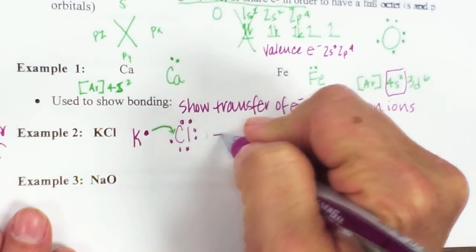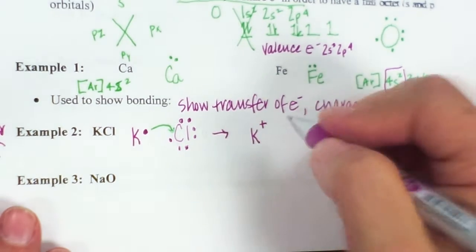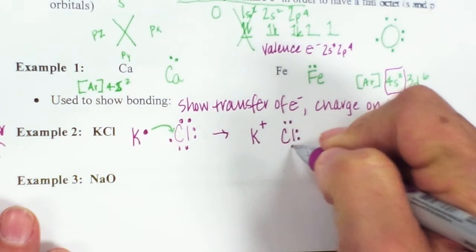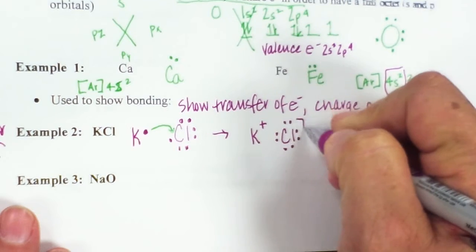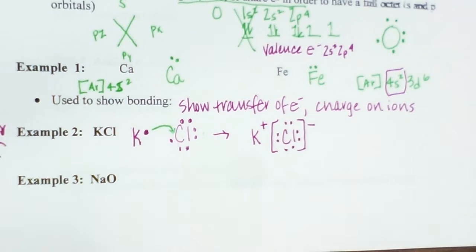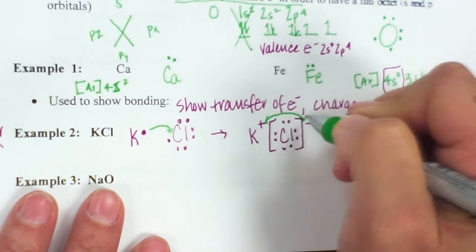So the next step is I have potassium, 1 plus, and I have chlorine, which now is full. We show this as a bracket with the ionic charge on the outside. That is how we show ions when we're doing Lewis dot structures: a bracket with the charge on the outside. And now this charge is attracted to this charge.